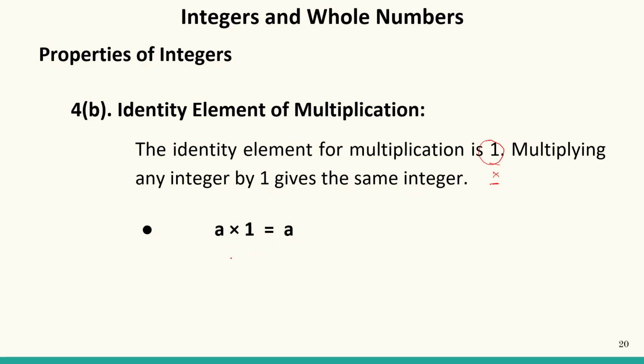For example, 7 into 1 is equal to 7. We never get 7 from 7 into 0, so that is not possible. This is how 1 is the identity element of multiplication.